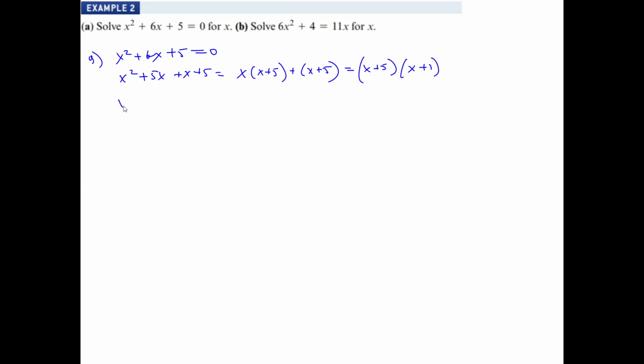So the original equation, after I factor it, is this. Now I make x plus 5 is 0, so x1 is minus 5. x plus 1 is 0, x2 is minus 1.